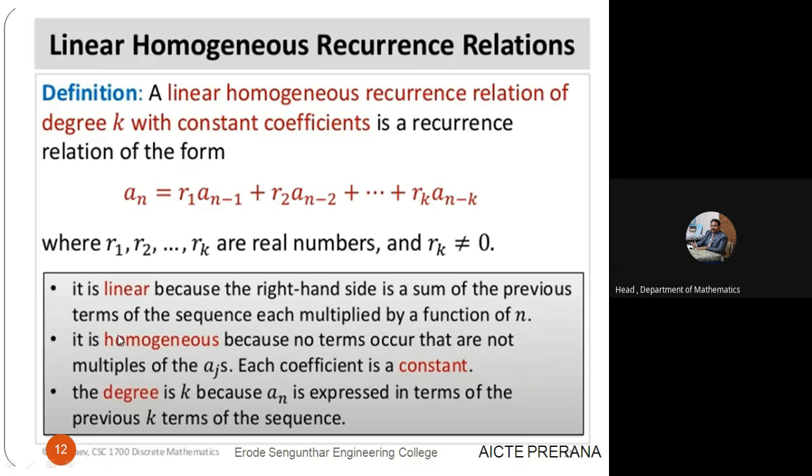And it is homogeneous because no terms occur that are not multiples of the aj's. Except an and the previous terms of an, no other terms occur. Therefore, it is homogeneous. Each coefficient is also a constant. The degree is k because an is expressed in terms of the previous k terms of the sequence.